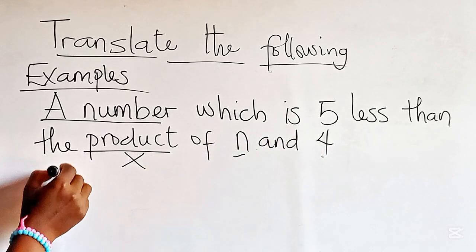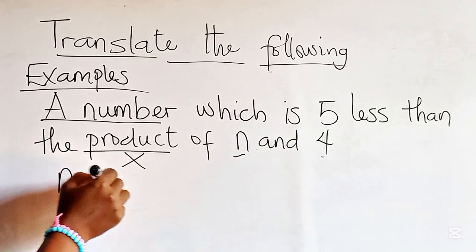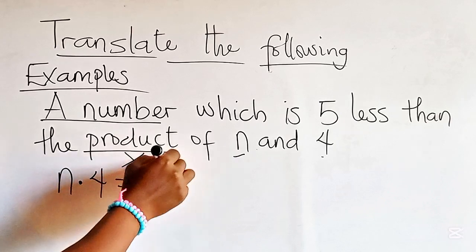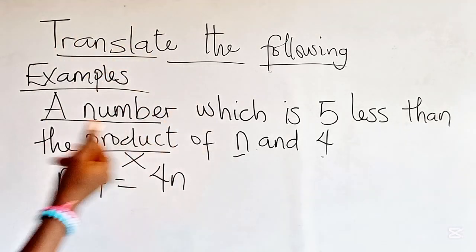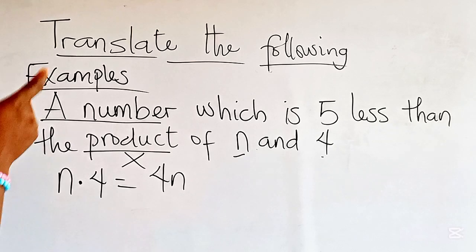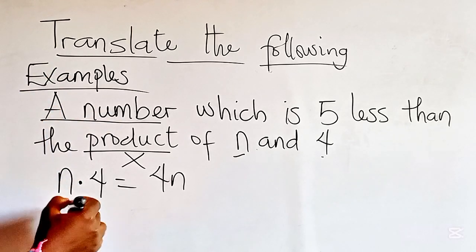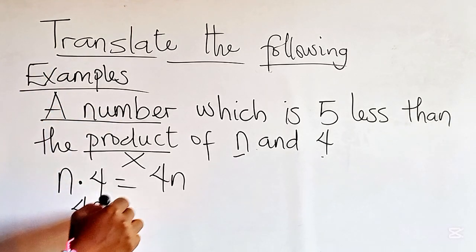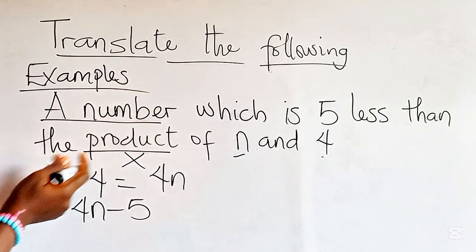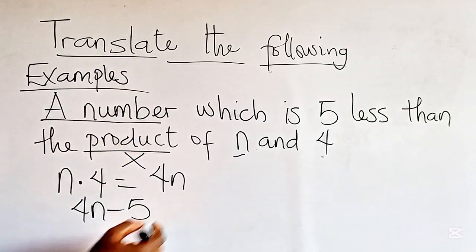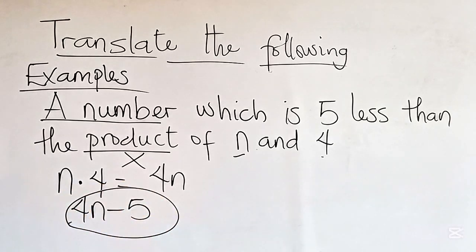So it's going to become n multiplying 4 to give us 4n. So it's saying 5 less than 4n. So to write 5 less than 4n, it means that we have 4n minus 5. So the number which is 5 less than the product of n and 4 equals 4n minus 5.